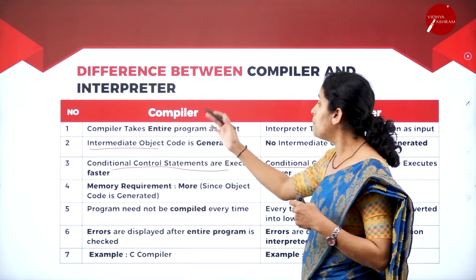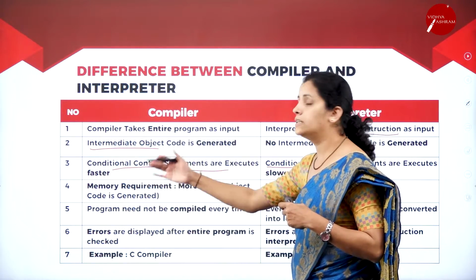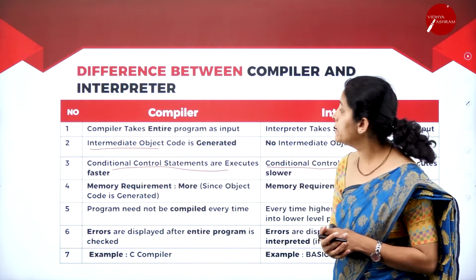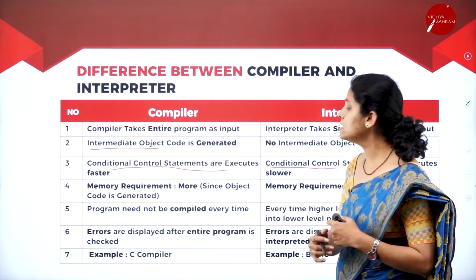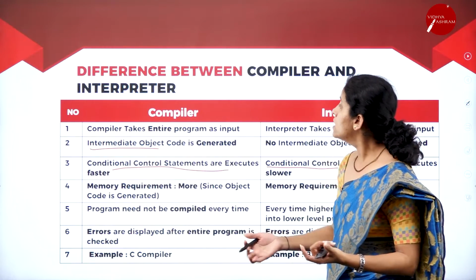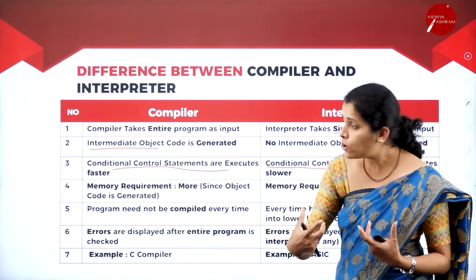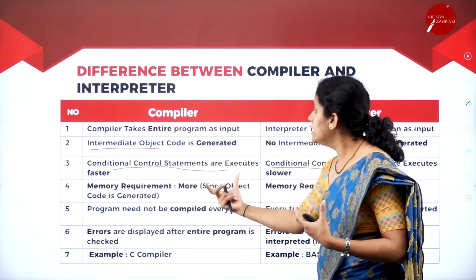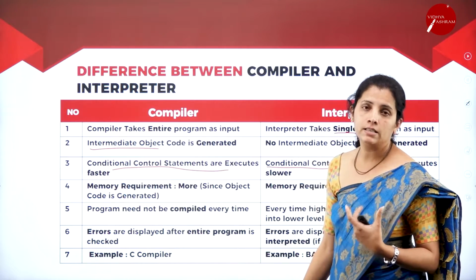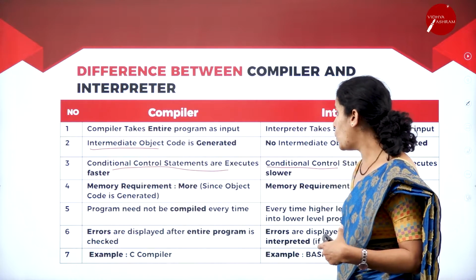What is the memory requirement for the compiler? It is more, because the compiler occupies more memory space, since we get the intermediate result called object code.